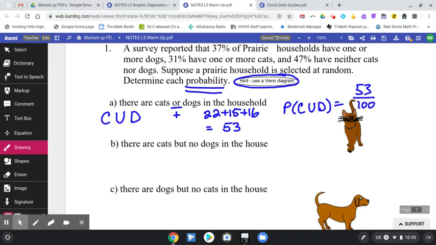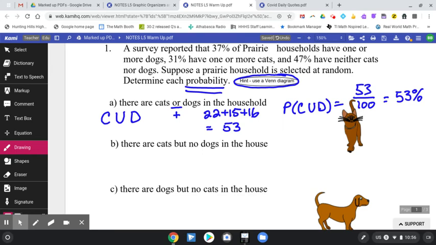And chances are, because the question was in percentage form in the beginning, we'd probably be asked to answer in percentage form. So that would be 53%. So what I did there was I used the Venn diagram and I didn't worry about any formulas.